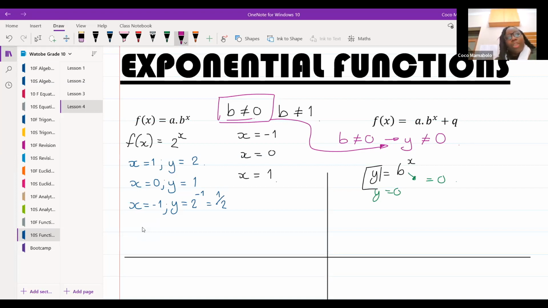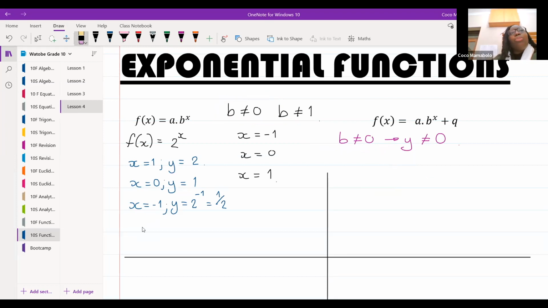Good. 100%, guys. Awesome stuff. So what this then tells us is that this y value that cannot be equal to 0 is our asymptote. It's our asymptote.